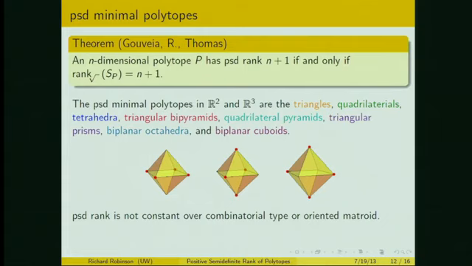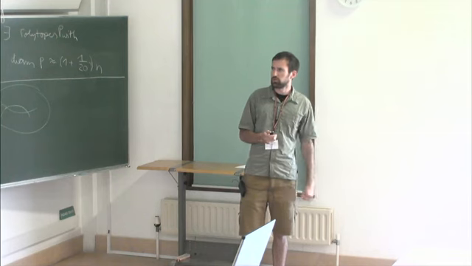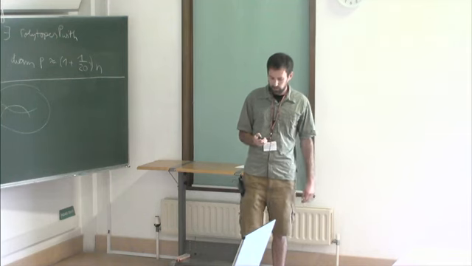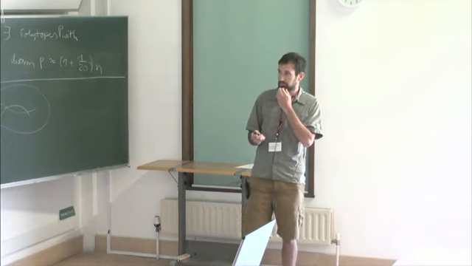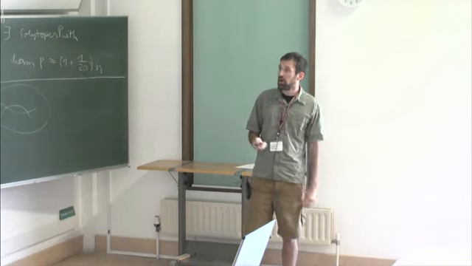And so an oriented matroid can differentiate between a biplanar octahedron and a non-biplanar octahedron. But we have other examples that show the PSD rank is not constant over the oriented matroid. So it could still be useful for a classification, but it's not a silver bullet, I guess.